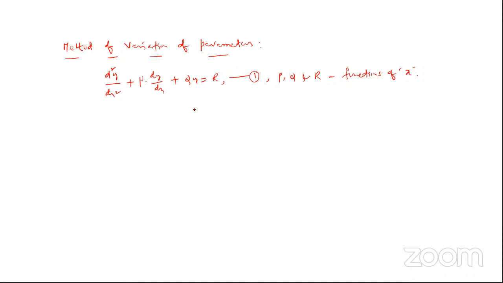Okay, so please remember this method is used to solve particularly only second order linear differential equations with constant coefficients. So in the examination, if any question is given on a second order linear differential equation, you may solve that question by using this method of variation of parameters.